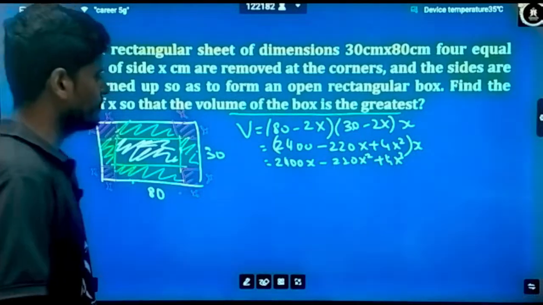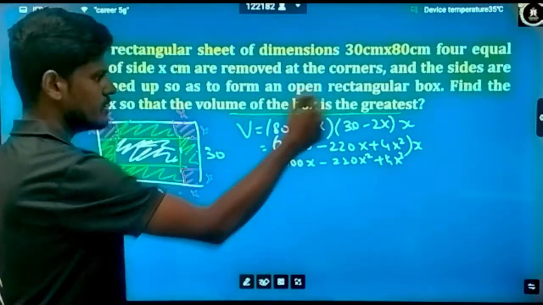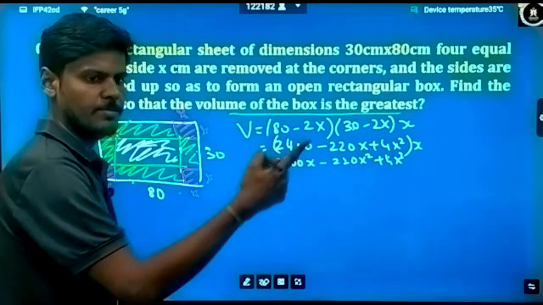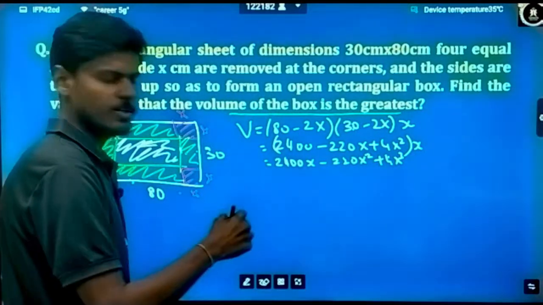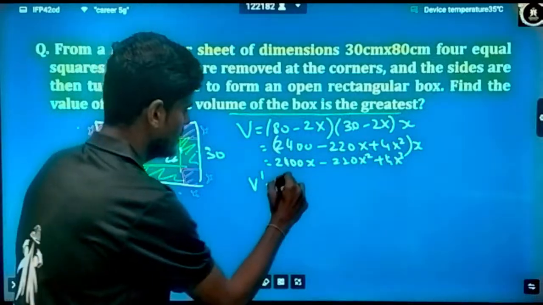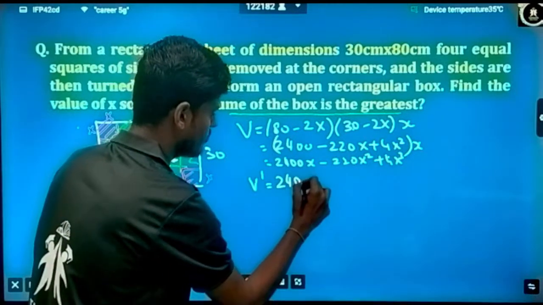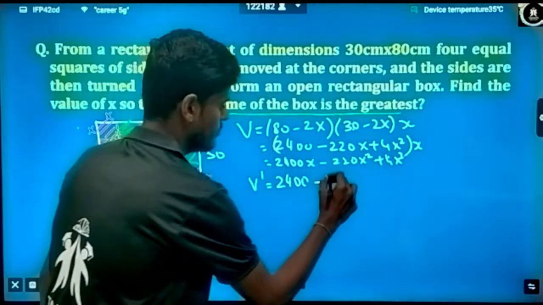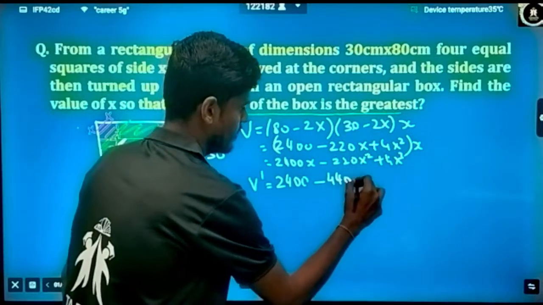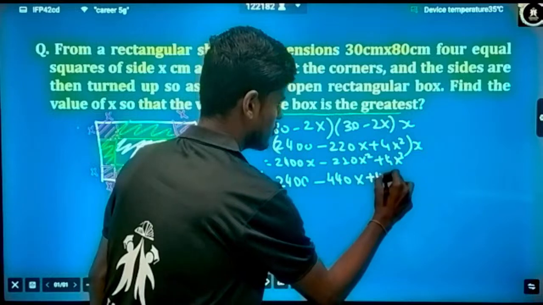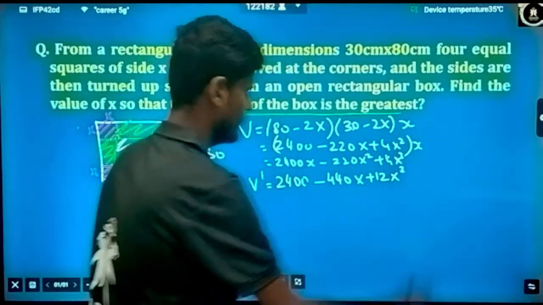What do we need to do? Volume is greatest. That means V dash equal to 0 for maximum or minimum. V dash is equal to 0. That means V dash is equal to, differentiating this, we get 2400 minus 220 into 2, that is 440x, plus 4 into 3 is 12x square.